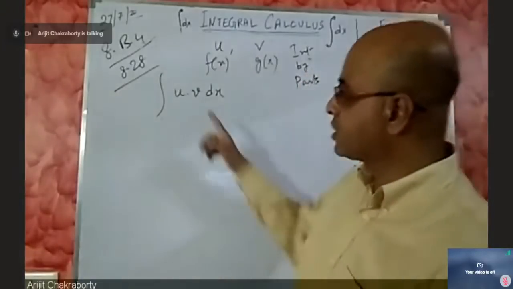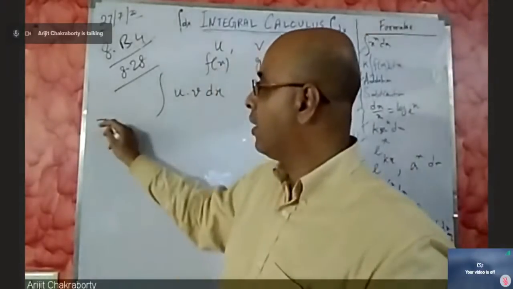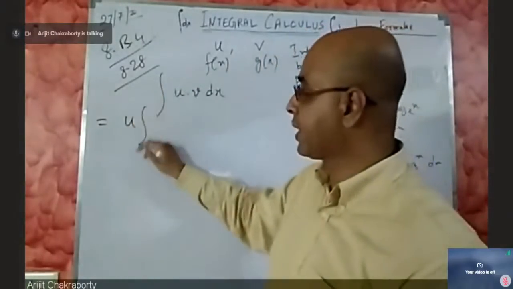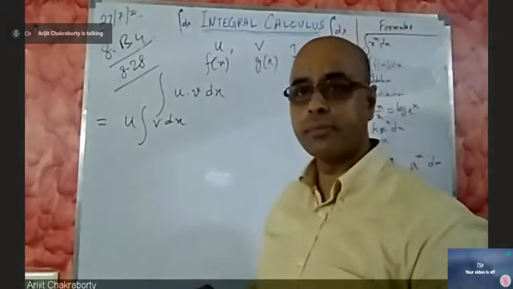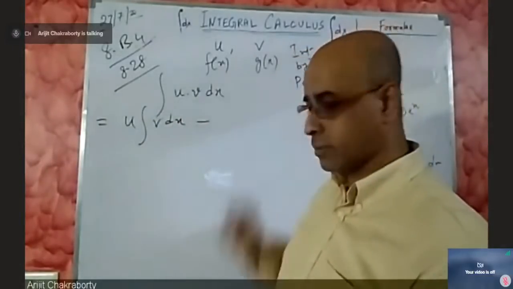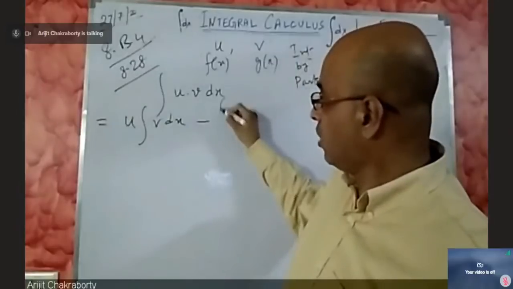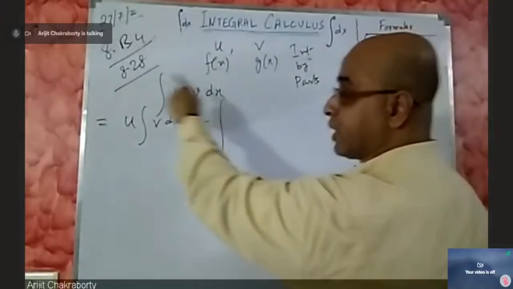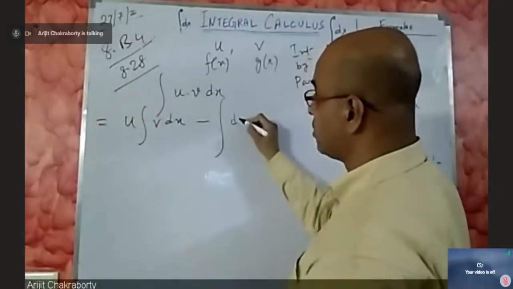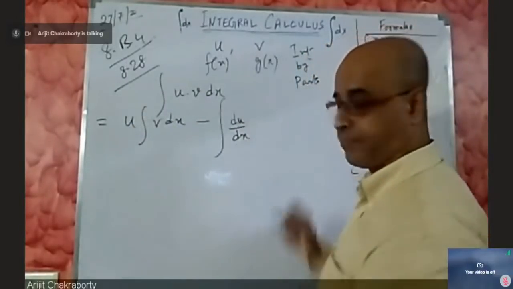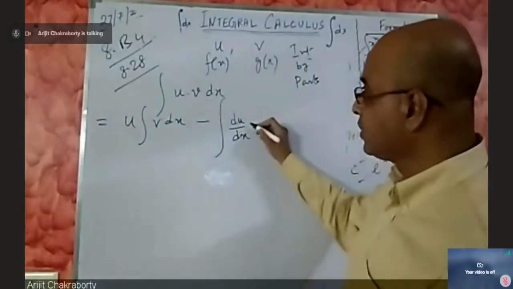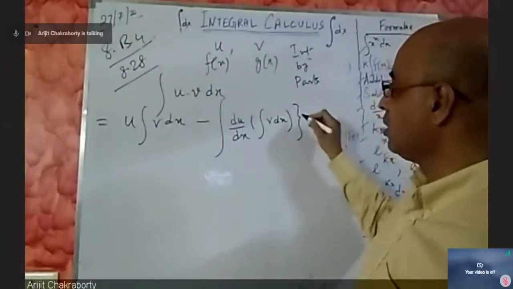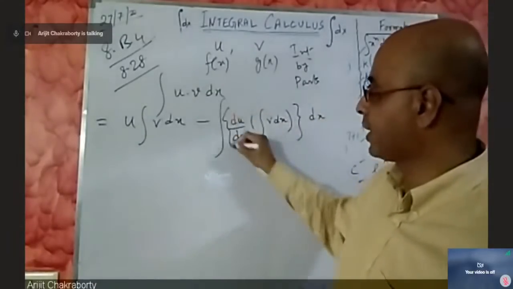The rule is: first keep u outside and first integrate v dx. Then minus a big integration sign, because now you have to differentiate u, so you carry out du by dx. And this will be multiplied by the integral of v dx, and the whole will be integrated.